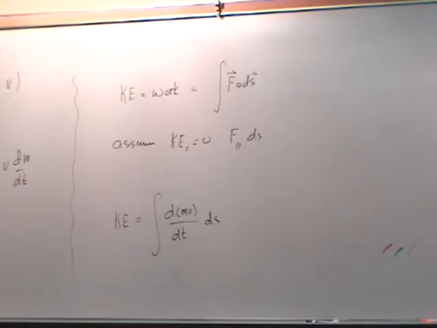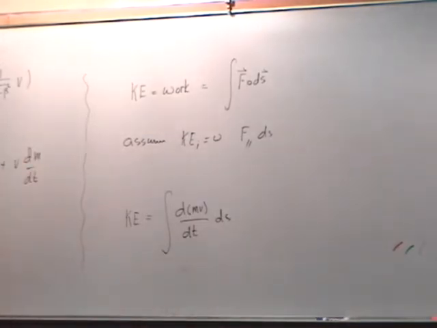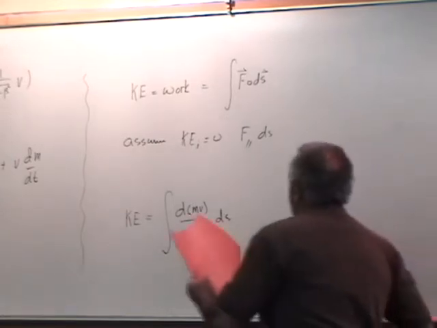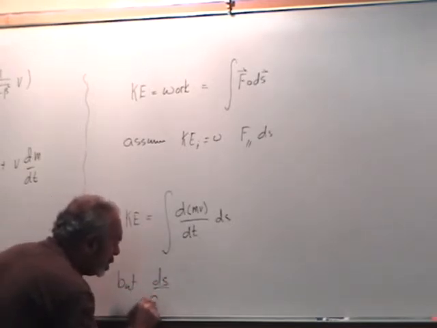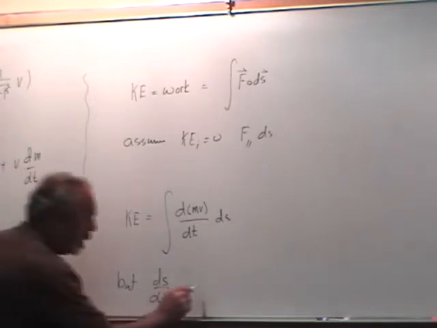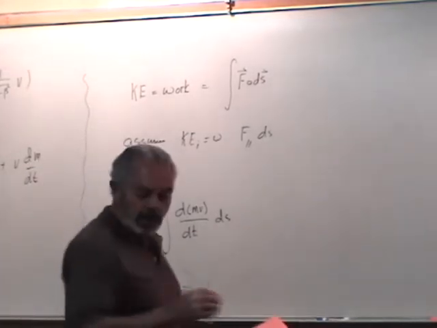Well, that's pretty handy because, of course, you know, don't you, what ds/dt is. What is ds/dt? Distance over time. ds/dt is equal to, can you tell me? How about velocity? ds/dt is velocity. The first time derivative of position is velocity. Hence, therefore, it gets really quite easy.